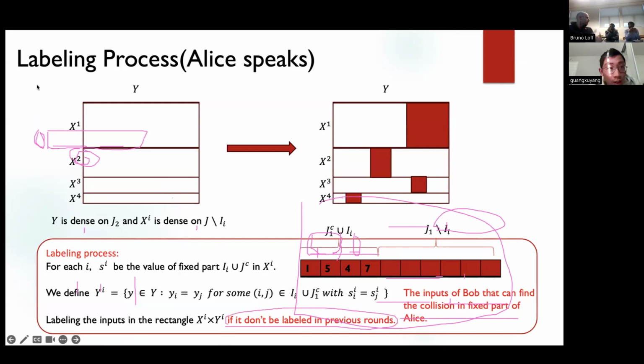Then it would have been labeled as soon as whoever spoke fixed it. But the claim is that it would have been labeled one communication previous. Can you go down, Guangxu? Okay, sorry, yeah.